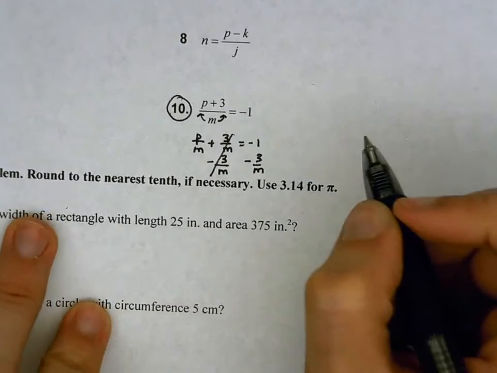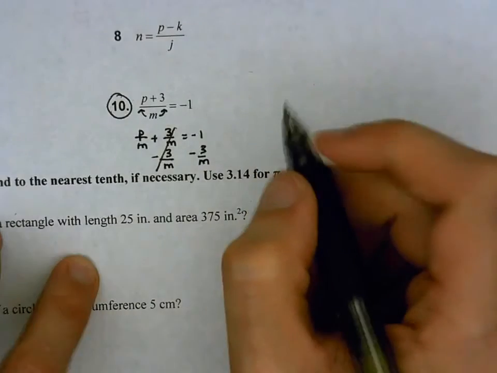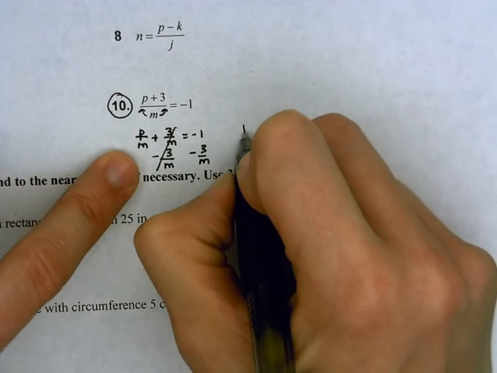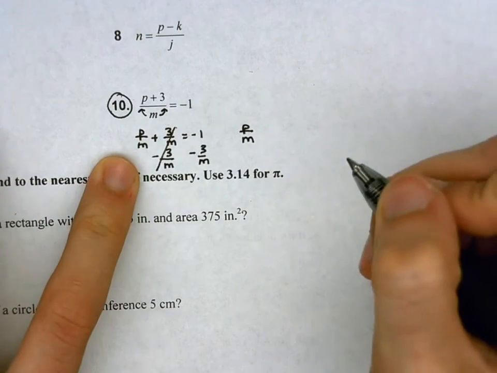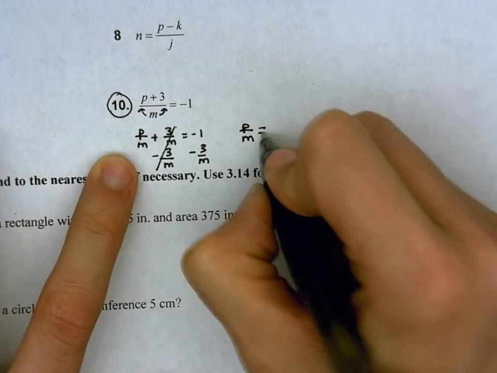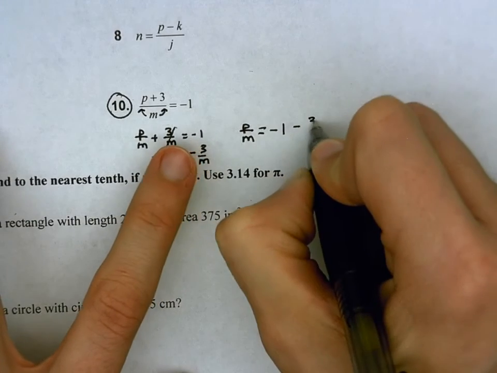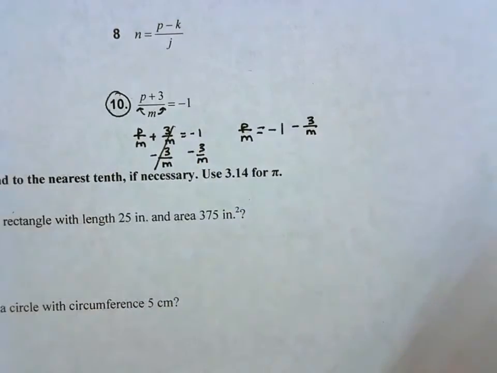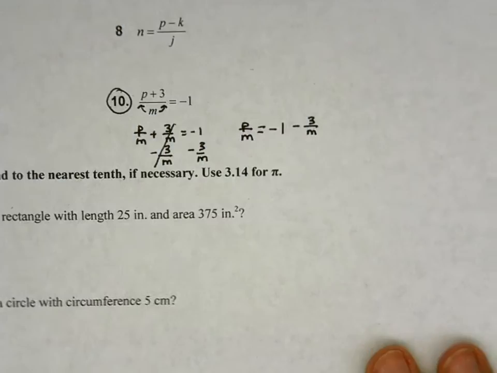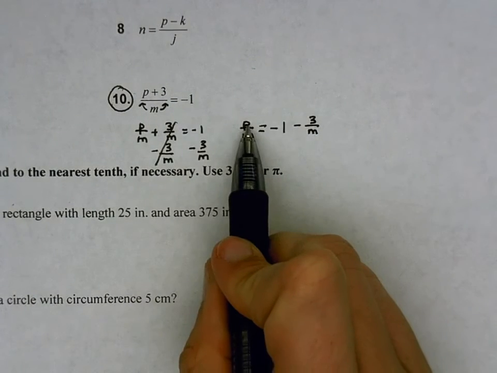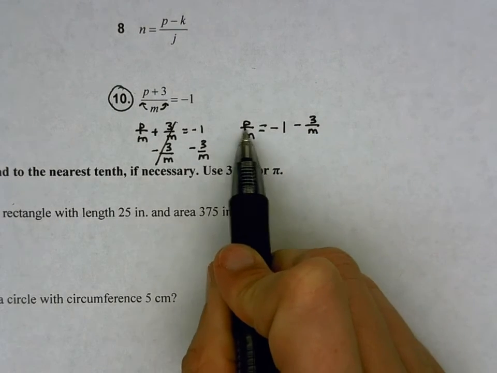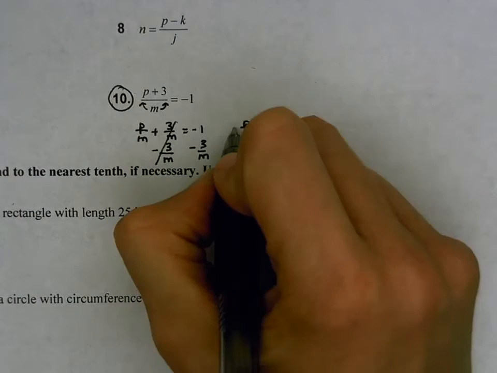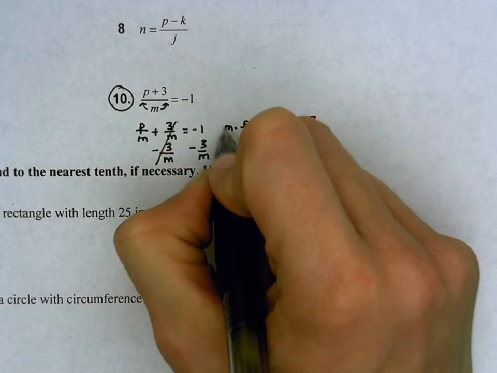Okay. So at this point, we've now got p over m, which is what remains on the left, and then equals -1 minus 3 over m. So at this point, we're looking at p divided by m equals -1 minus 3 over m. Well, to undo divided by, we are going to multiply.